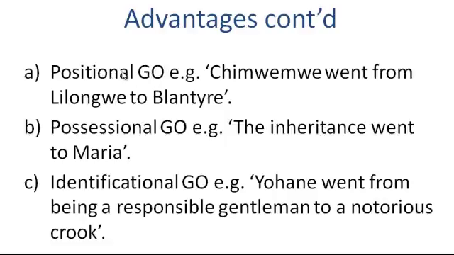So if we have in mind a person who has moved from one place to another, as we see here in the sentence, Chimwemwe went from Lilongwe to Blantyre, the word go in terms of position is trying to tell us more about the position of this person. He was initially in Lilongwe, but now has moved to another place, which is Blantyre.